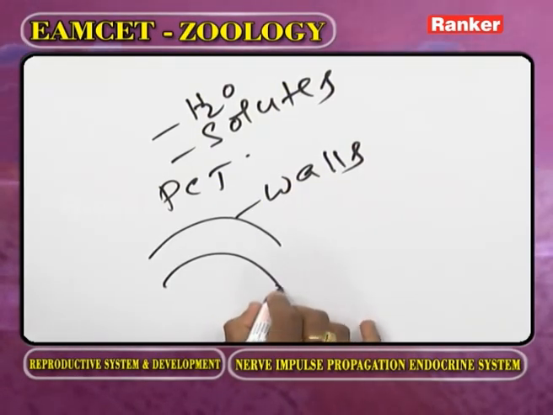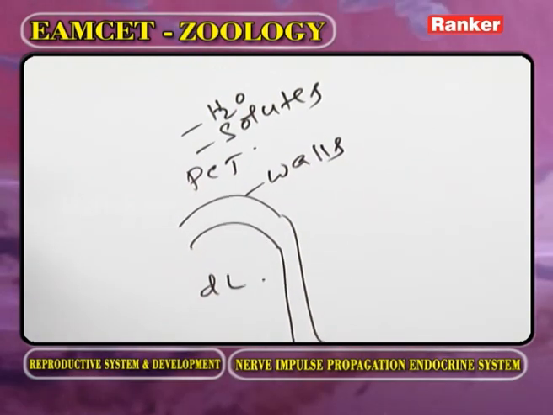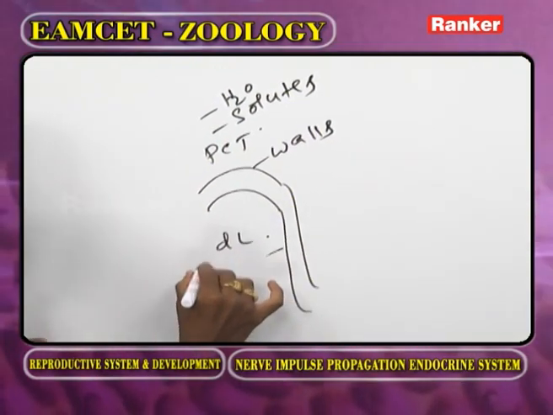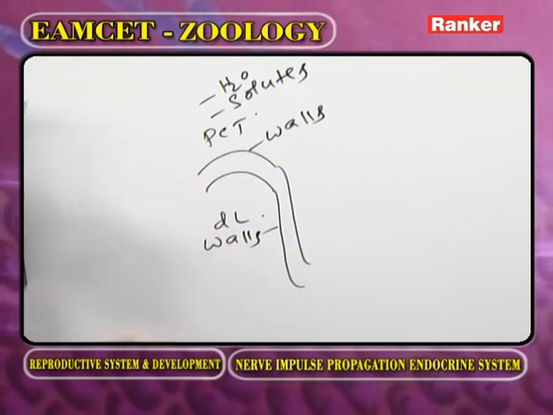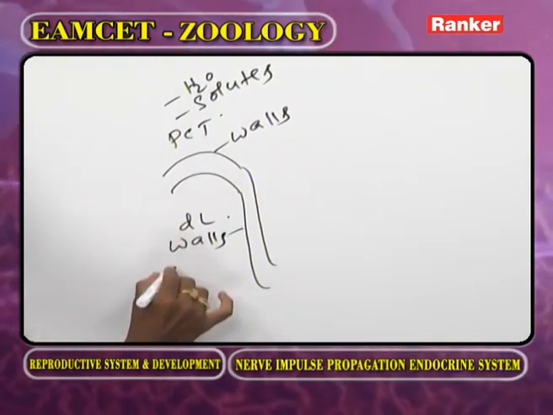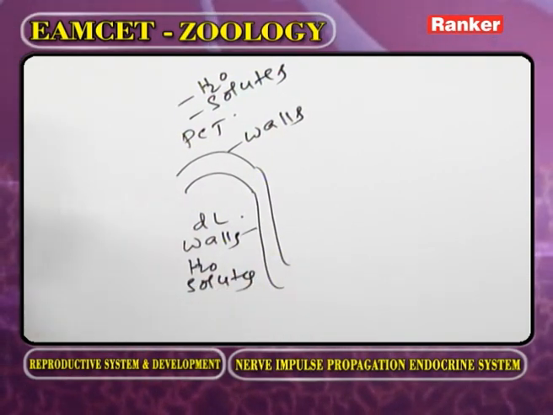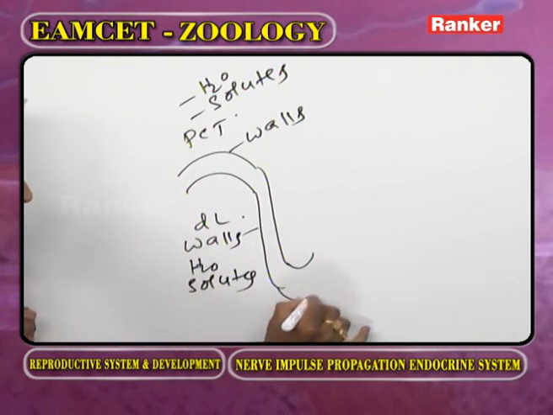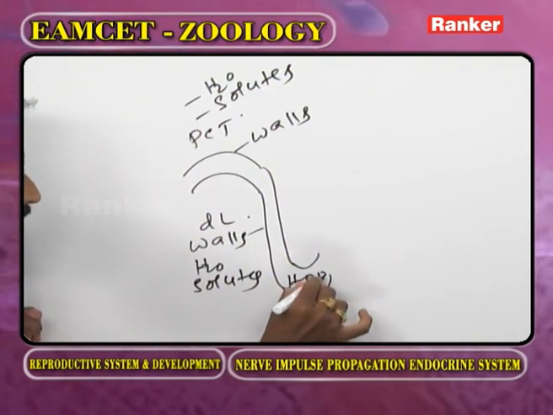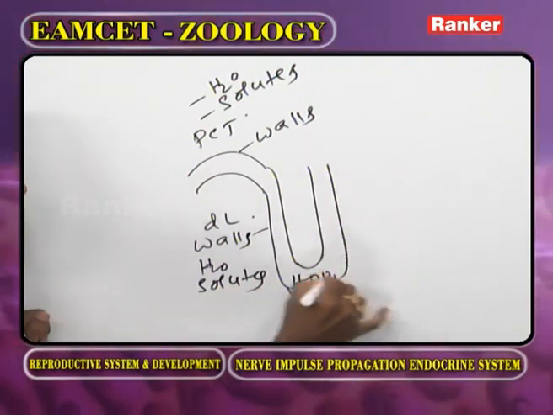Now the proximal convoluted tubule opens into the descending limb, and these are the walls of the descending limb. The descending limb is permeable to water as well as solutes. Now this part we call the hairpin bend, and this one we call the ascending limb.